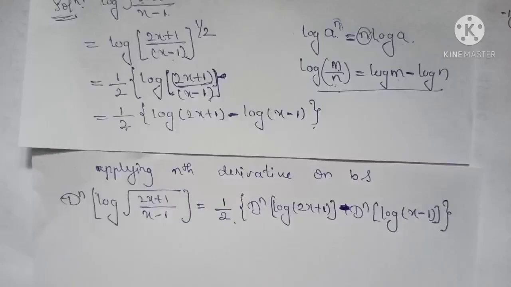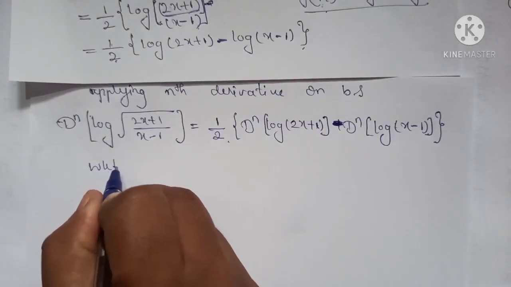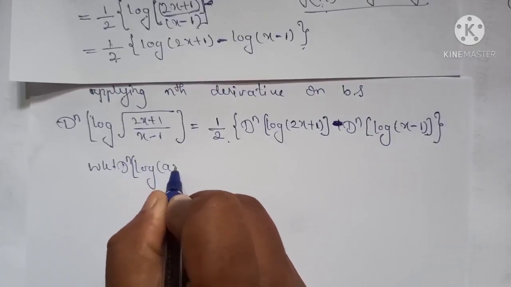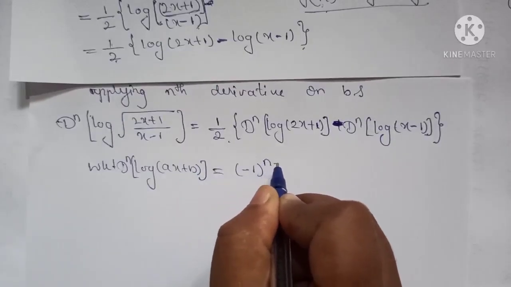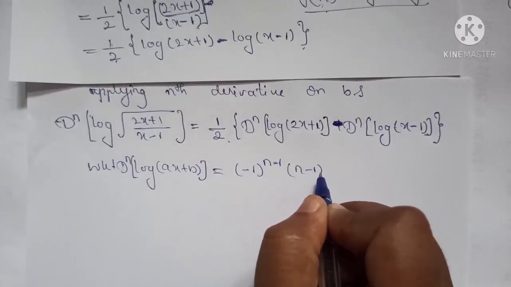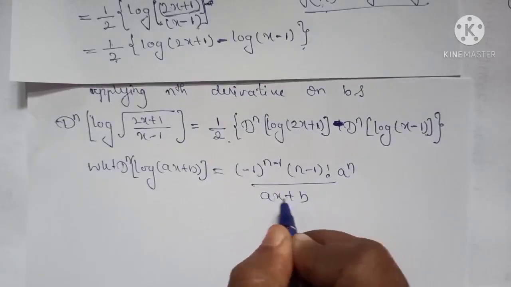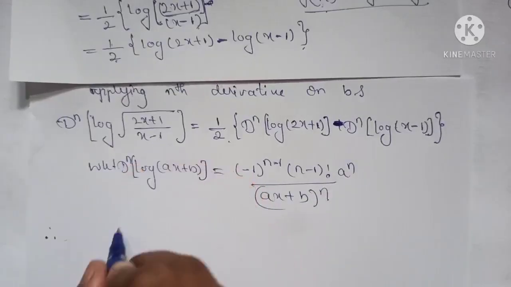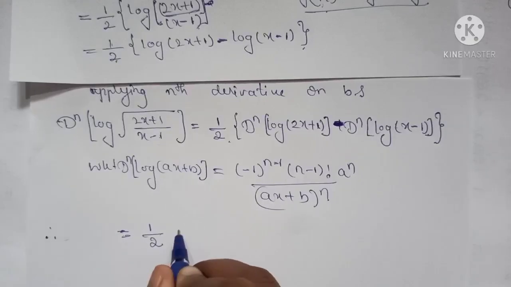Again we use the formula here. We know that the nth derivative of log of (ax plus b) is equal to (minus 1) raised to n minus 1, factorial of n minus 1, a raised to n, divided by (ax plus b) raised to n. So therefore this is equal to 1 by 2.